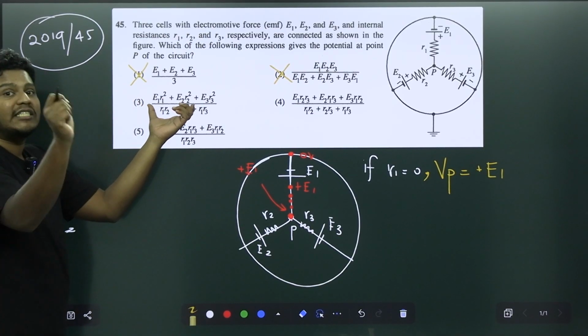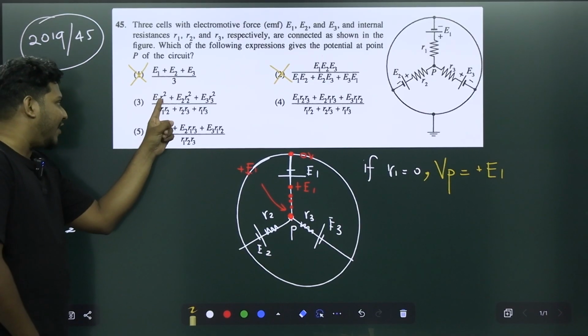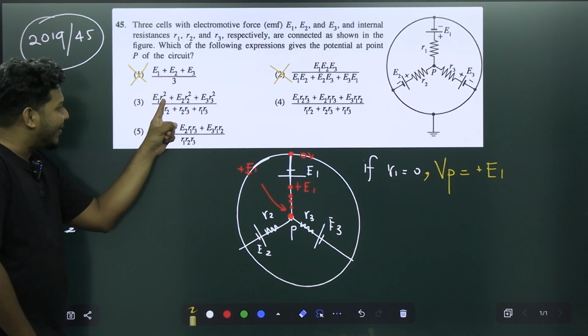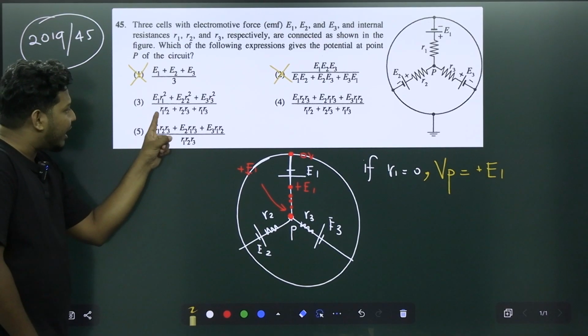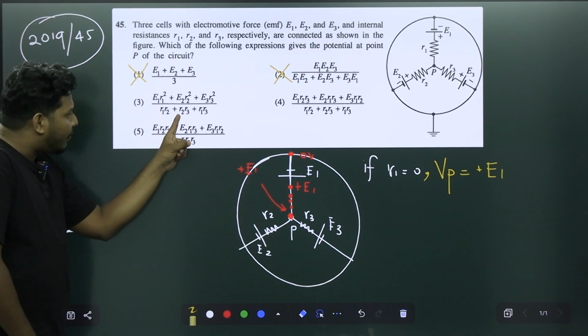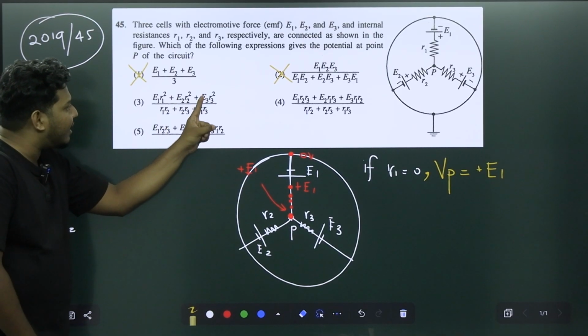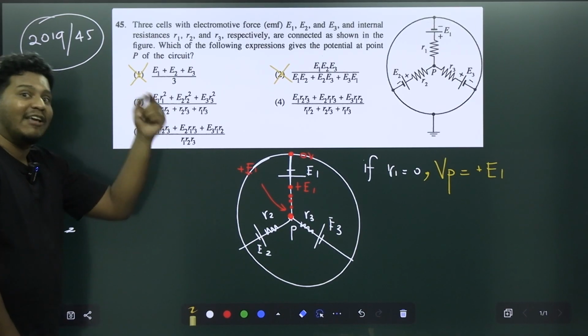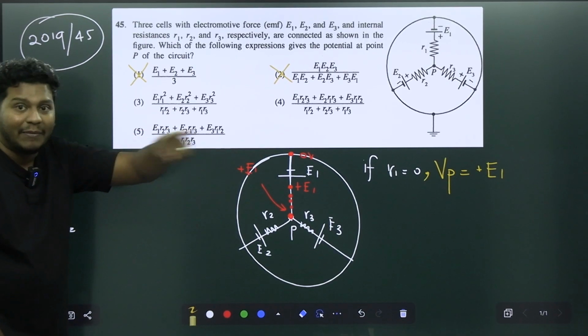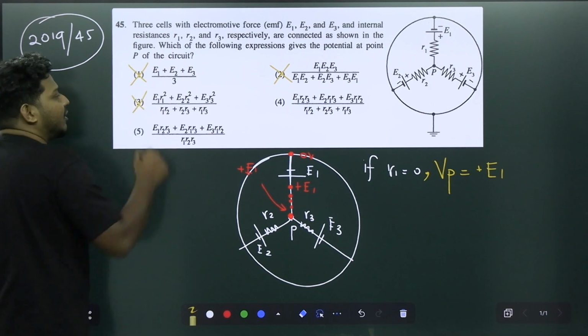Let's put R1 equal to 0 here: E2 R2 squared plus E3 R3 squared over R2 R3 is not the correct answer. If R1 is equal to 0, the answer should be plus E1. So this is not possible.